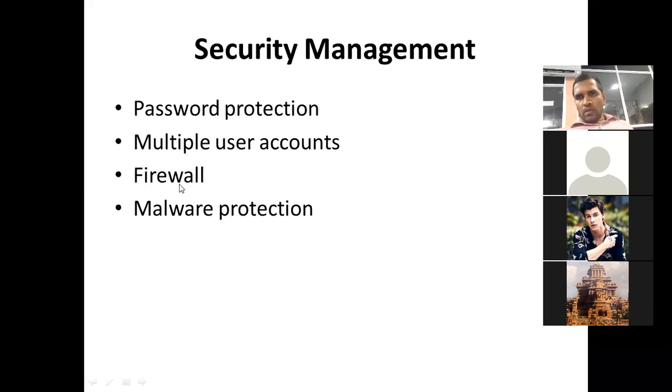Firewall, right? I explained this in unit number 2. Firewall is an object which prevents unauthorized access. Assume I'm using my computer at this point in time, and at the same time, my computer has internet. So what can happen now?